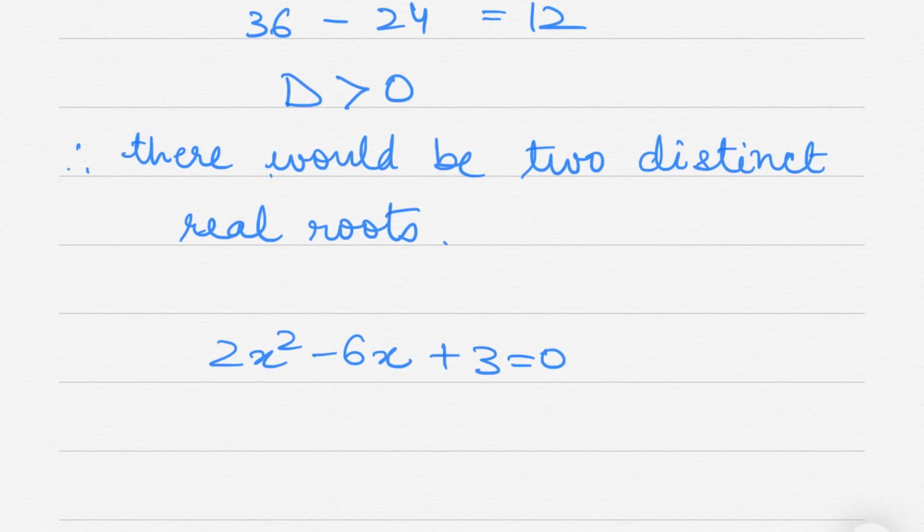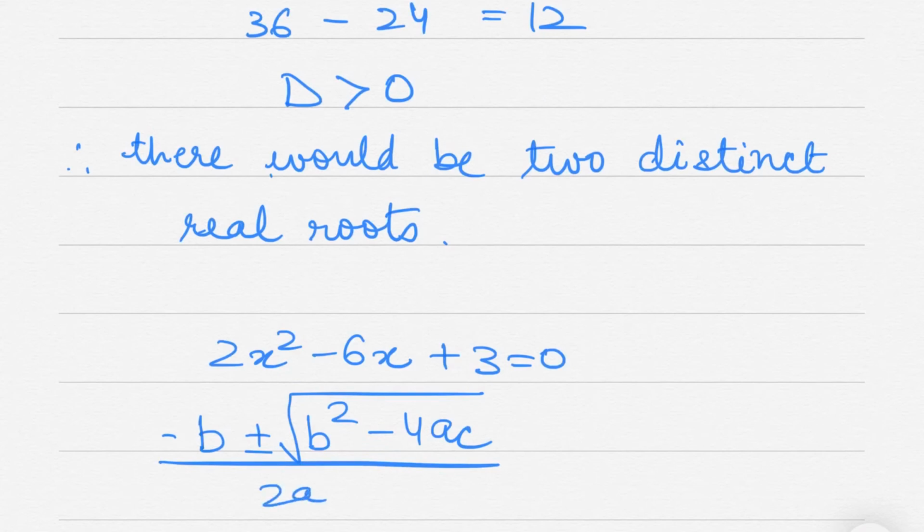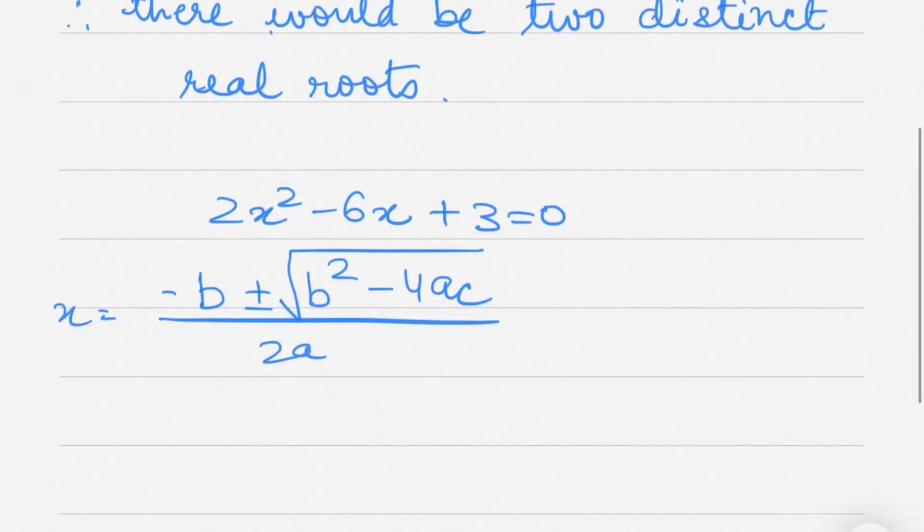We can use the quadratic formula to find the roots of this equation. The quadratic formula is x equals minus b plus minus root of b square minus 4ac, all by 2a. These will be the roots for this equation.